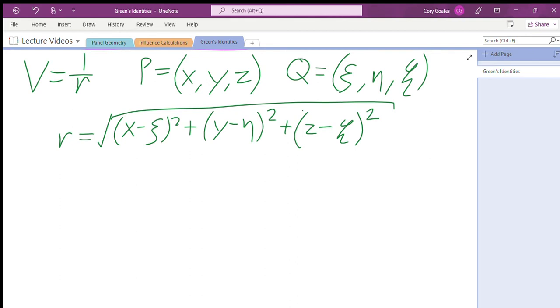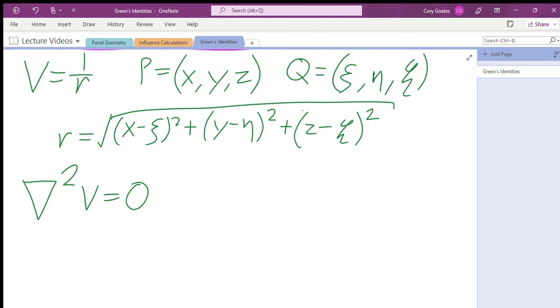Okay, so we've defined v, and we've defined v in this way because v satisfies Laplace's equation everywhere except at point P. So for any region not including point P, v satisfies Laplace's equation. Grad squared v is equal to 0, which is a really useful result for us.